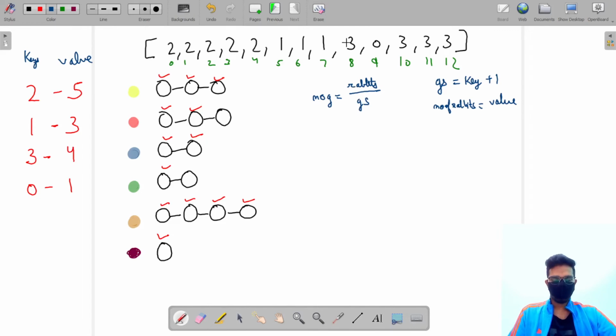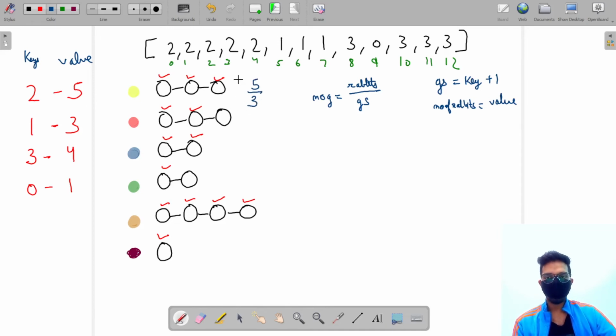Okay. Now, what I want to focus on is that you need to calculate the ceil of it. Here, what was our value? Our value was 5. And what's the group size? The group size is 2 plus 1, that is 3.